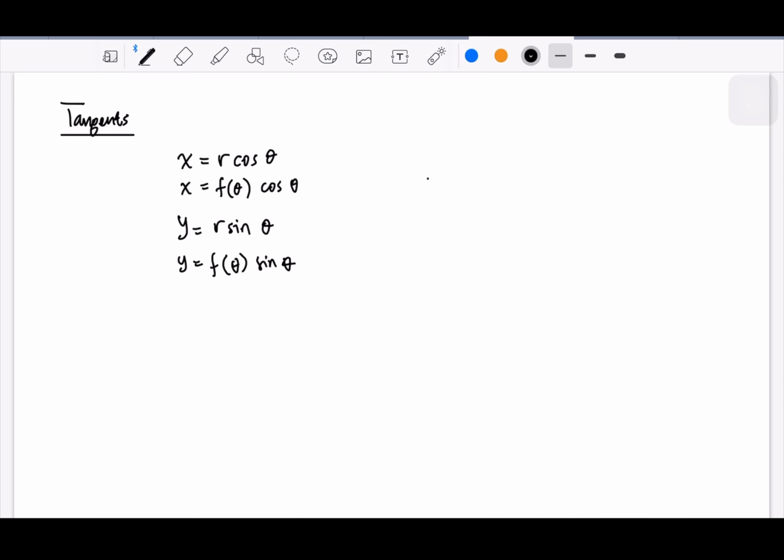Now, if we are going to have our tangent, which is dy over dx, based on our understanding and our definition in the parametric case, this is precisely using the chain rule. We can have these connections, right? And then we can get each of the derivatives from x and y.